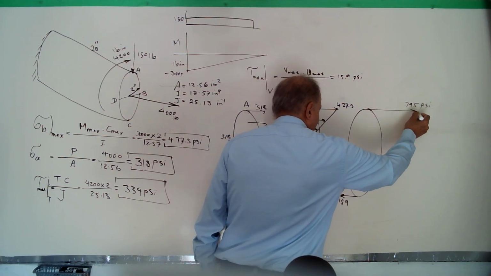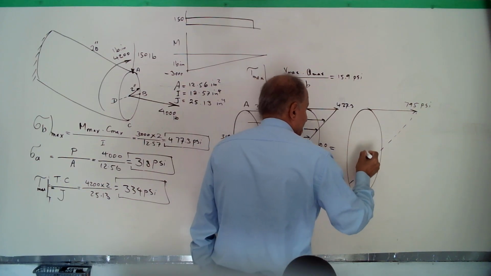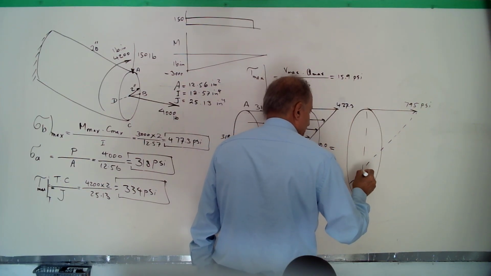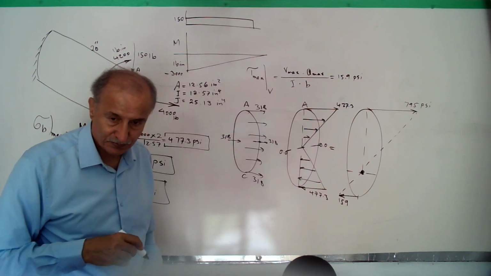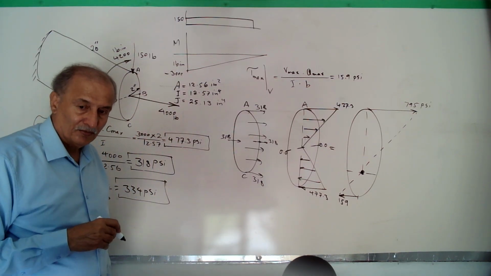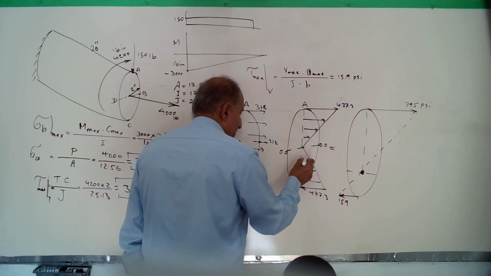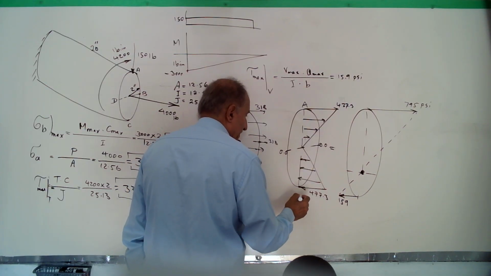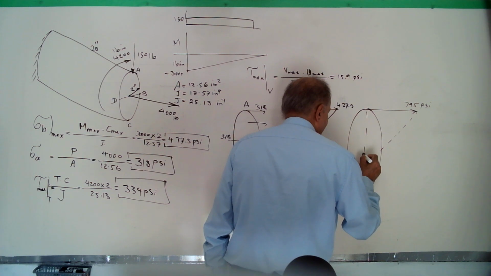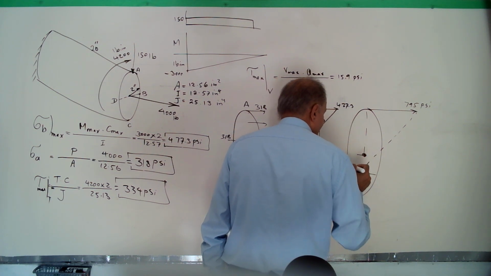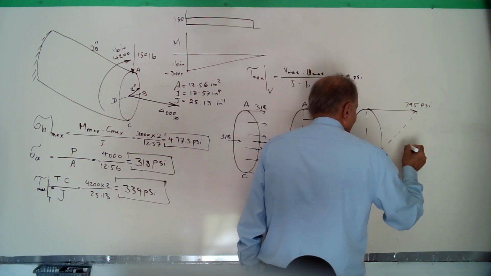If you add them together, connect them together, you will see the neutral axis now is here, because this value added to this one makes it 0. When P over A is added to the previous neutral axis, the centroid of the cross section, the neutral axis moves down by Y. How much is Y?